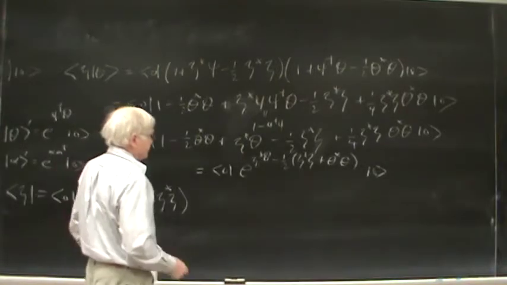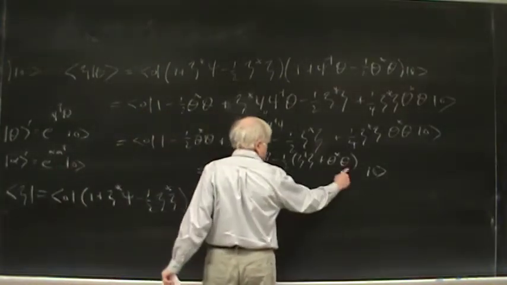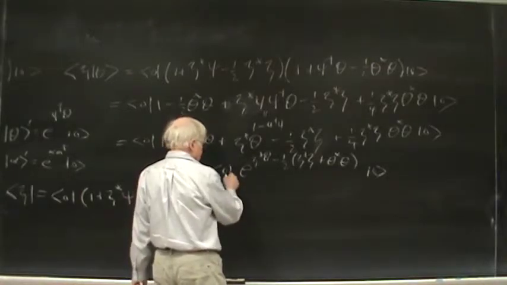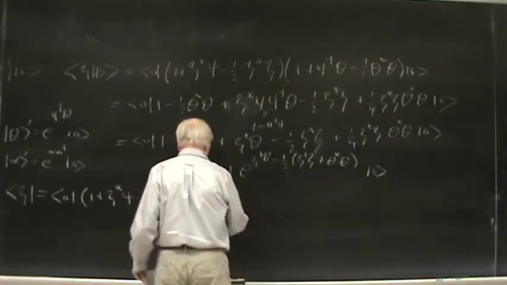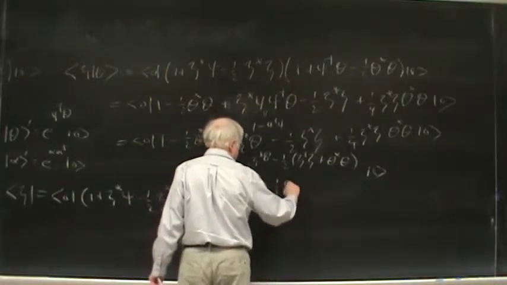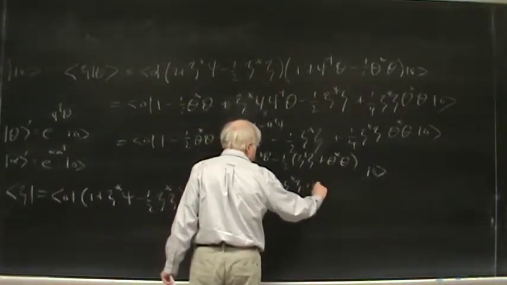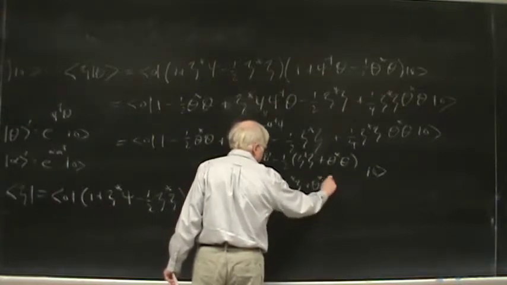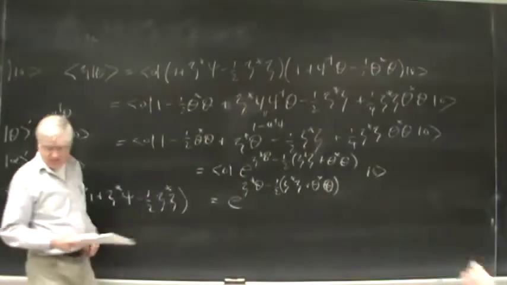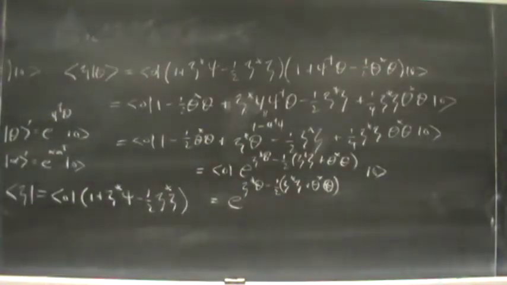Okay, on the other hand, this is entirely Grassmannian, and so it doesn't affect this, and so we just have 0, 0 is 1. And so this is e to the zeta star theta minus a half zeta star zeta plus theta star theta.